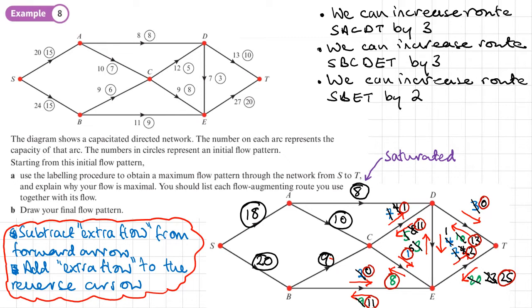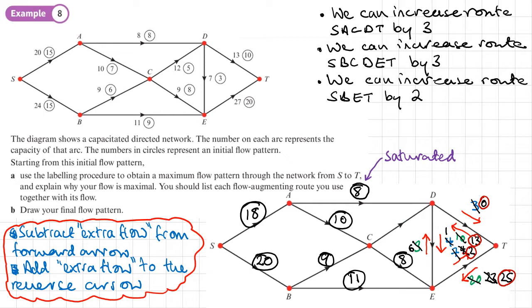Then moving on to arc BE, its reverse arrow was 11, so its new flow is 11. C to E, we have a value of 8 here, so that's going to be the value of its new flow, 8. And C to D, we have 11 here, so that's going to be the value of the new flow, 11.